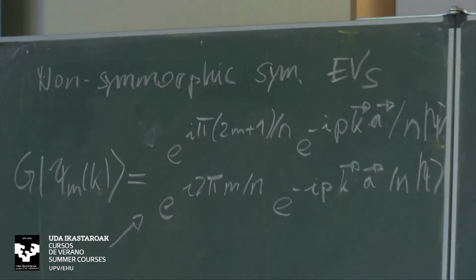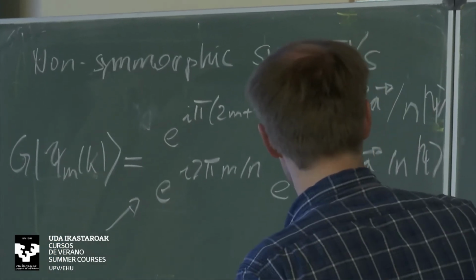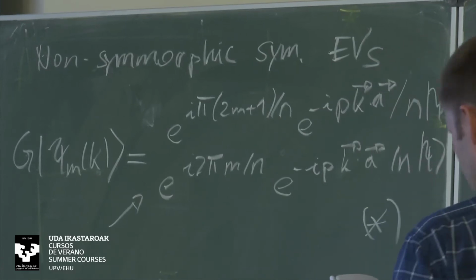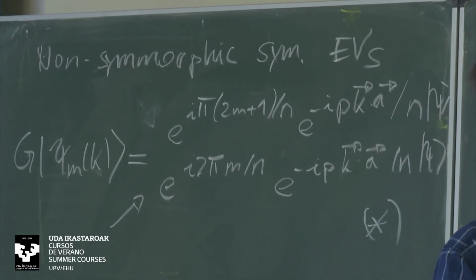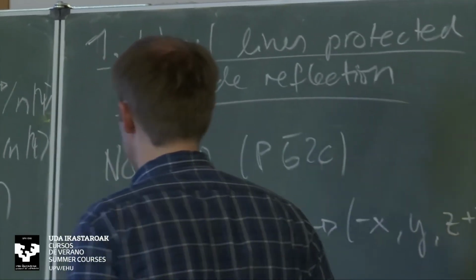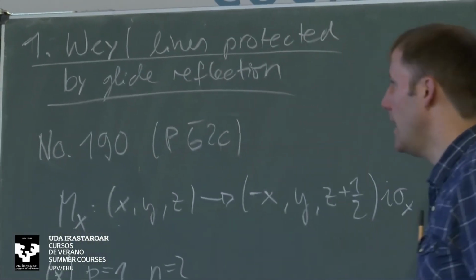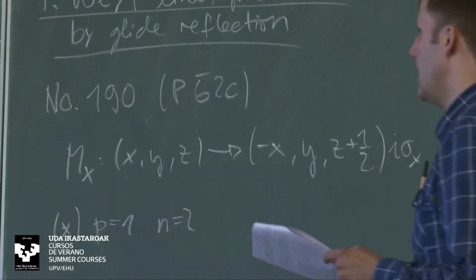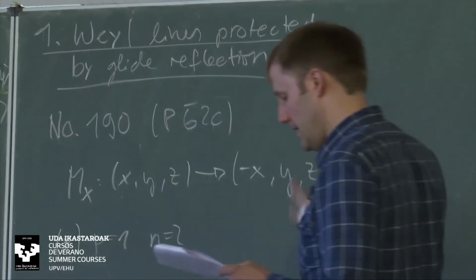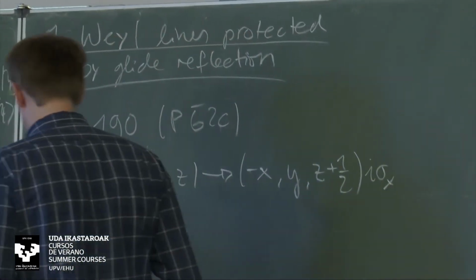We can take this formula here and evaluate this for the case where P is equal to 1 and N is equal to 2, right? So it's a twofold symmetry. And we have a translation just by half of a unit vector along the z-axis, so parallel to the invariant plane.